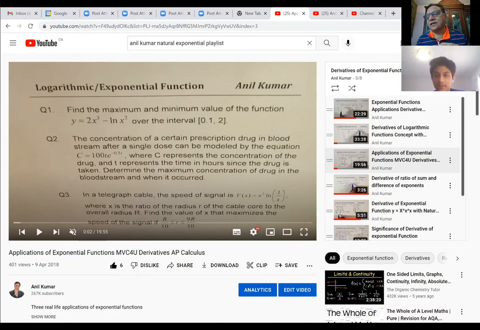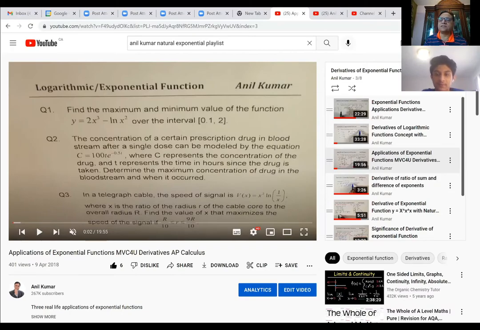Medicine takes time to get into your bloodstream, correct? So it increases, and then it decreases over a period of time. Its effect decreases. So it's a very important function from this point of view, and our approach is going to be to find the derivative of this function and analyze the derivative.